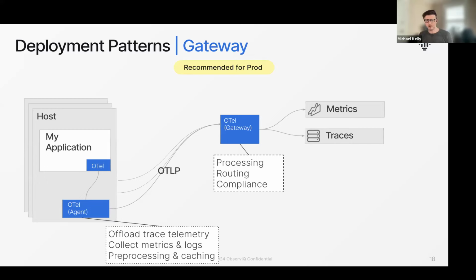And when we talk about compliance here, it may not be the way you're used to hearing it, but more and more folks that manage large observability infrastructure look to the gateway to ensure compliance across application teams. So making sure that the data that is coming in matches certain standards that you've set in your organization before it's passed along to a destination. So those are some of the benefits that you get out of this gateway model.